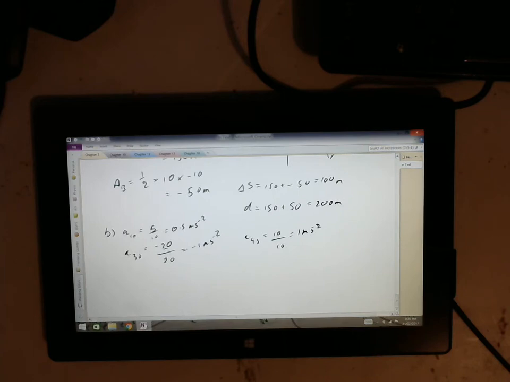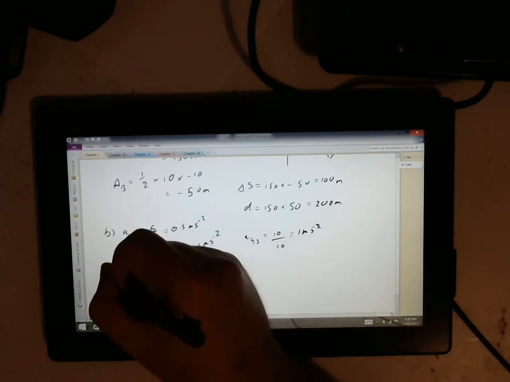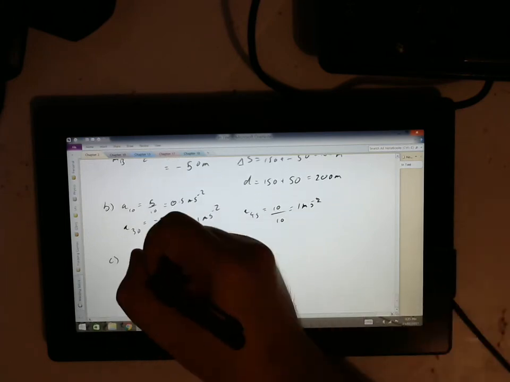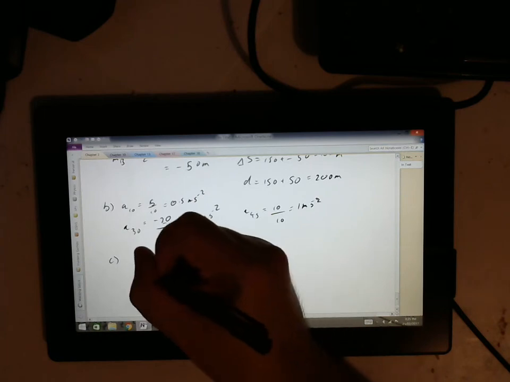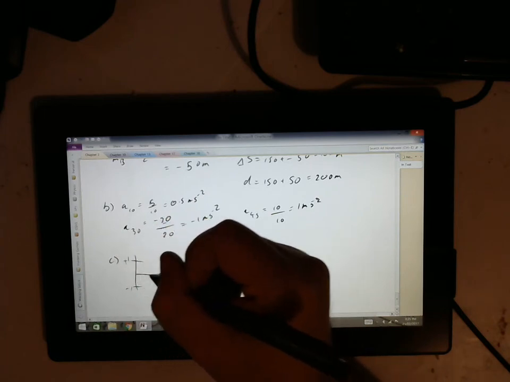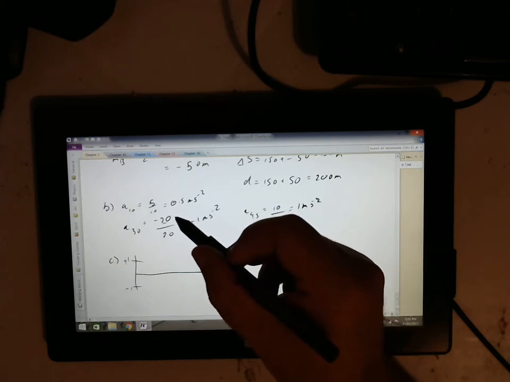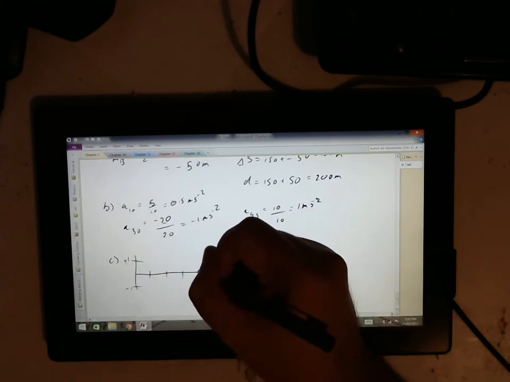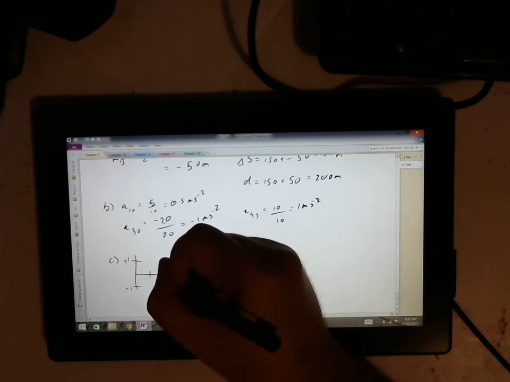C, sketch the acceleration time graph. Well, we've just worked out the accelerations there, so the acceleration time graph would, if that's 1 and that's negative 1, oops, positive 1, negative 1, for the first 20 seconds, so 10, 20, 30, 40, 50.